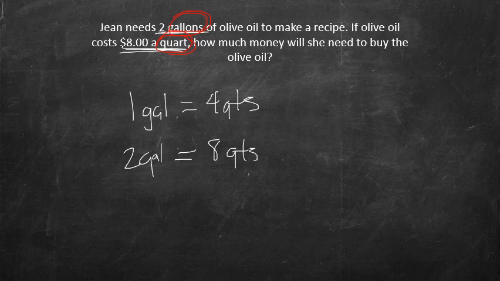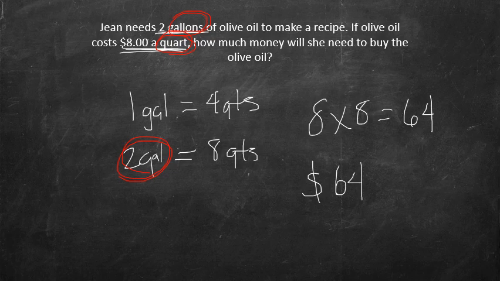And if I know that she needs 2 gallons, I can multiply 8 quarts times 2. No, I'm sorry. I can multiply 8 quarts times $8. And 8 times 8 would give me 64. So Jean would need $64 to get her 2 gallons of olive oil.